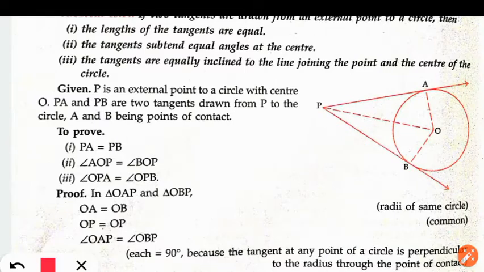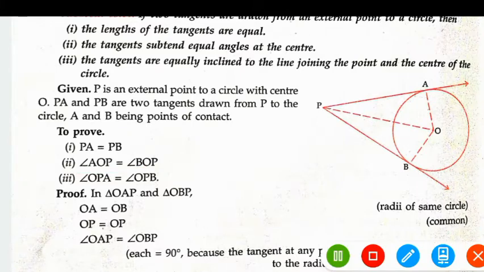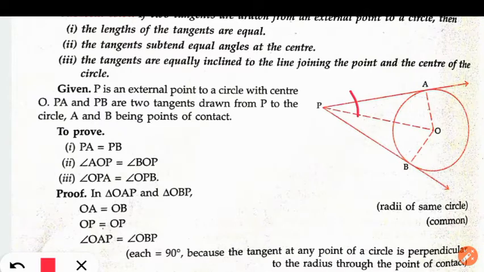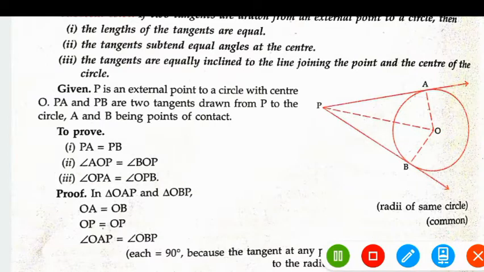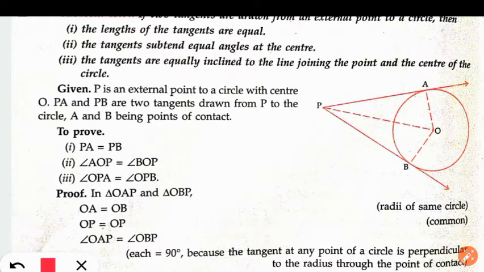Number two, this angle must be equal to this angle, that is angle AOP must be equal to angle BOP. And in the third one, this angle OPA must be equal to angle OPB. This is what we are required to prove.